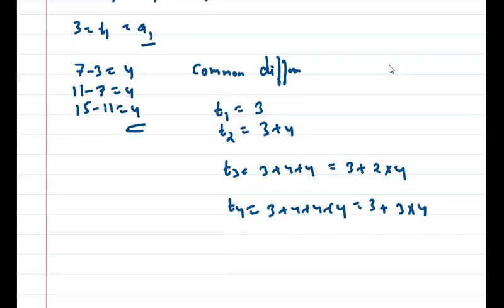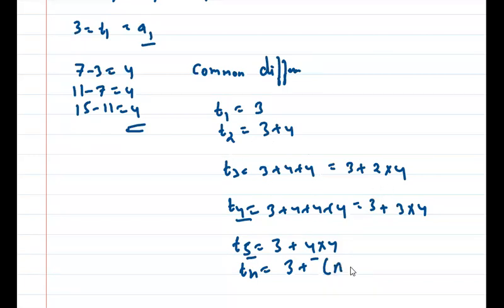Right? So can I say, okay, T5 general. Now I found the pattern. It's equal to 3 plus 4 into 4. Right? So the pattern: Tn is equal to, if it was 5, it is 4; if 4, it is 3; if 3, it is 2; if 2, it is 1.